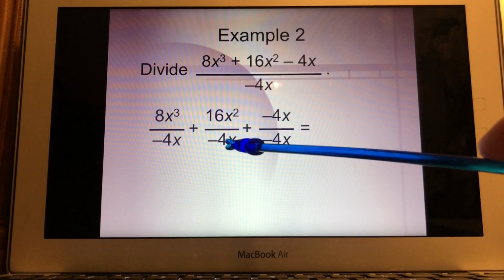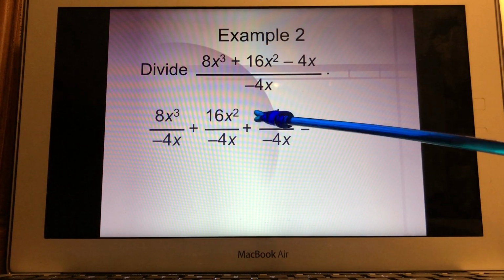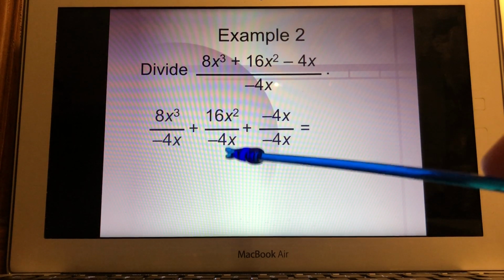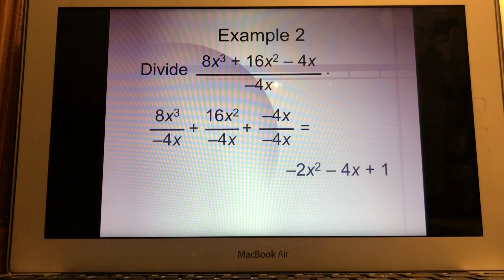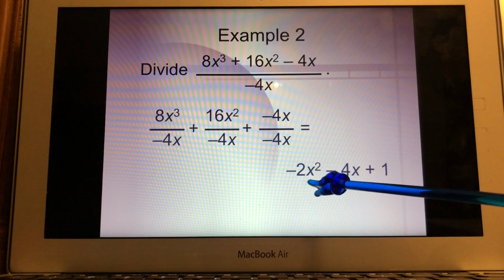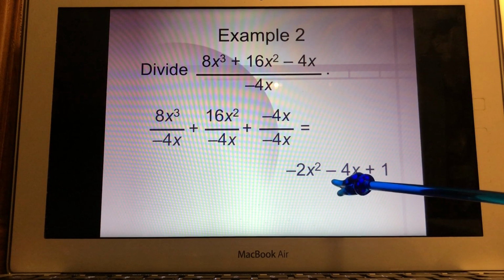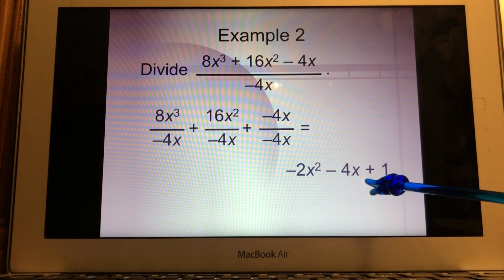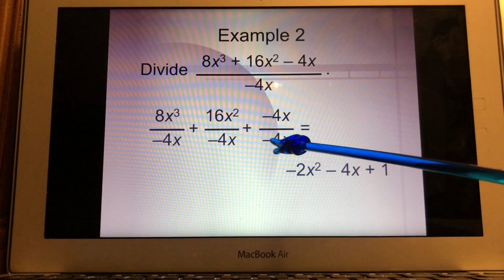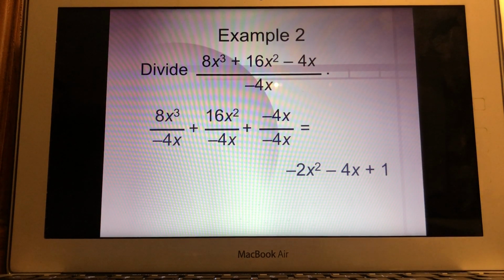Here, 16 divided by negative 4 is negative 4. And then one of the x's cancel out, and then this becomes 1. And so we have negative 2x squared minus 4x, 16 divided by negative 4, and then plus 1. Negative number divided by negative number gives me 1, a positive number.